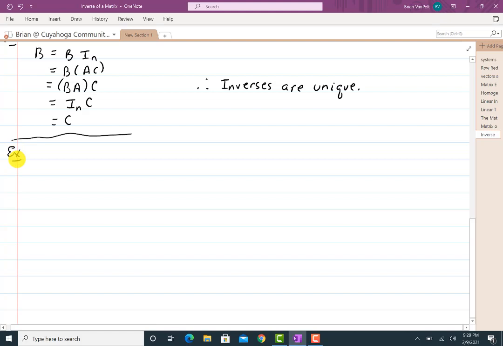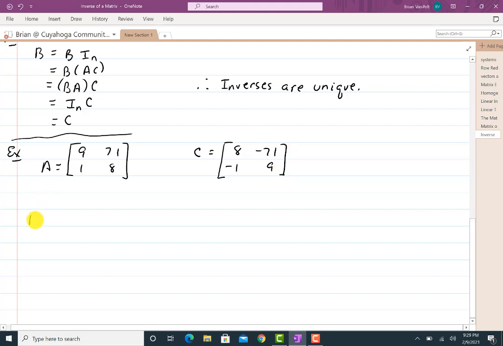As an example, let me set A equal to the matrix 9, 1, 71, 8. And I'm going to let C equal the matrix 8, negative 1, negative 71, 9.